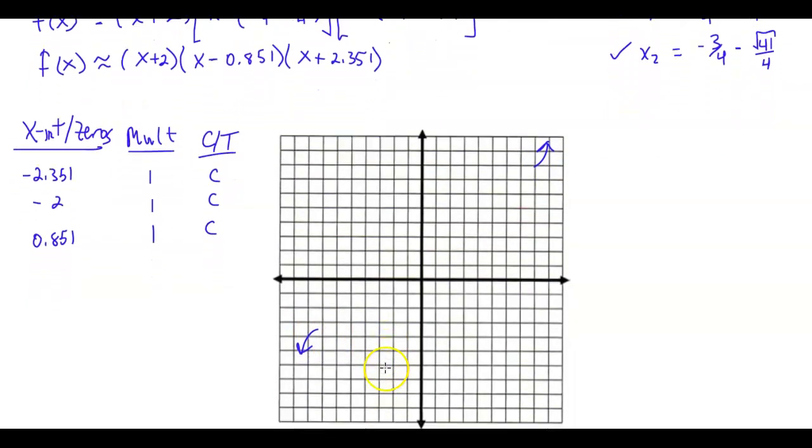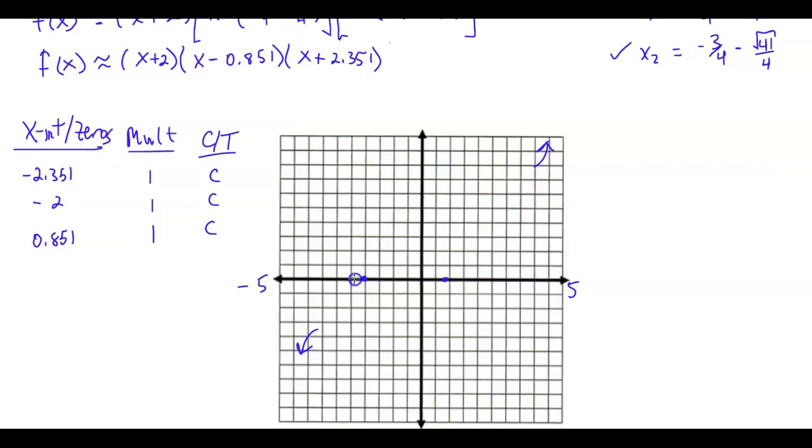Now, if we plot those zeros, one of those zeros, if I do these in half units here, so I'm going to say this is -5 and 5 here. So if we do half units, then this will be 0.5. So about right here would be 0.85. If I do -2 here, so it'll be -1, -2.